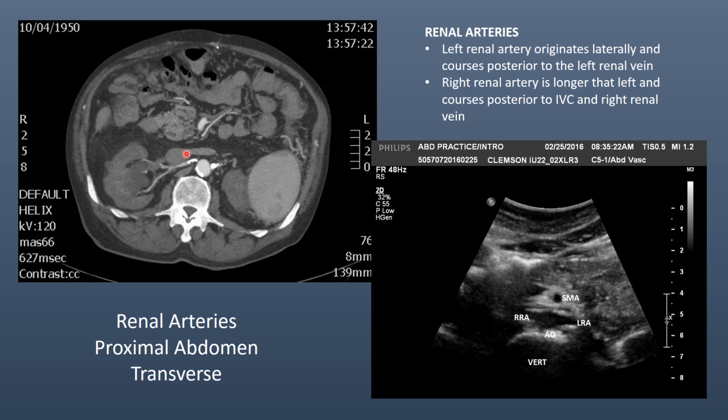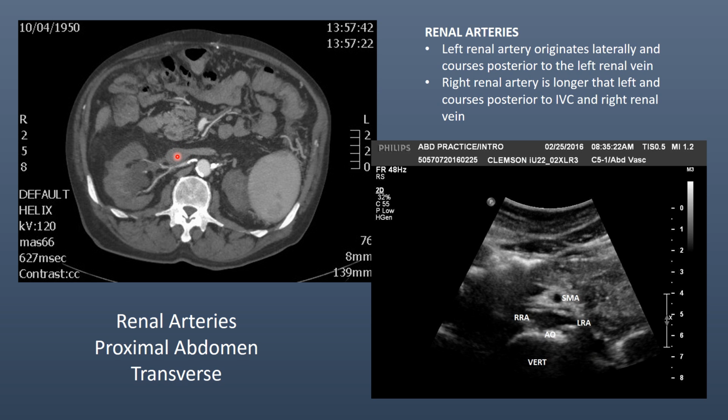Got a lot of bowel going on here, got some bowel gas. And one more thing I want to point out, anterior here to the aorta is a portion of the left renal vein that we just learned about in the prior slide. So left renal vein coursing anterior to the aorta. It's going over and it's draining into the inferior vena cava, the IVC.